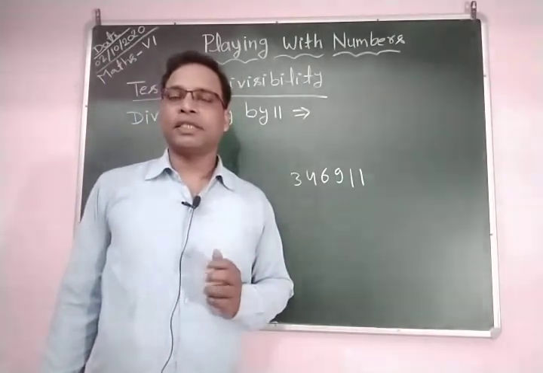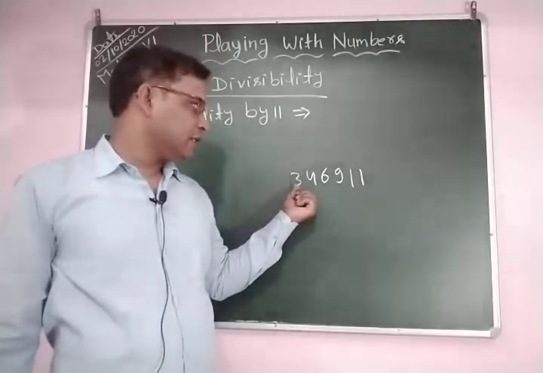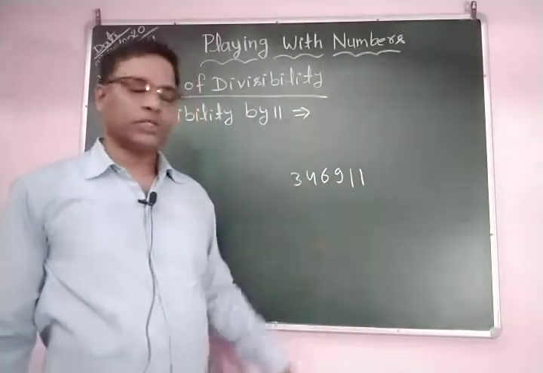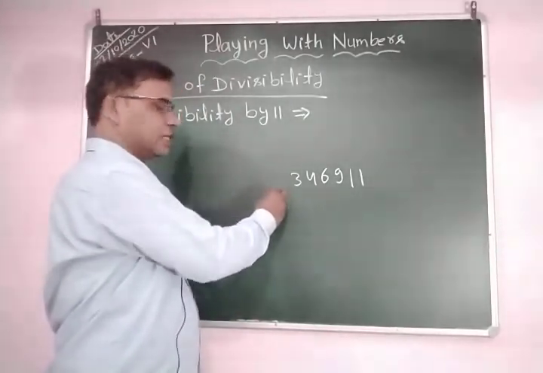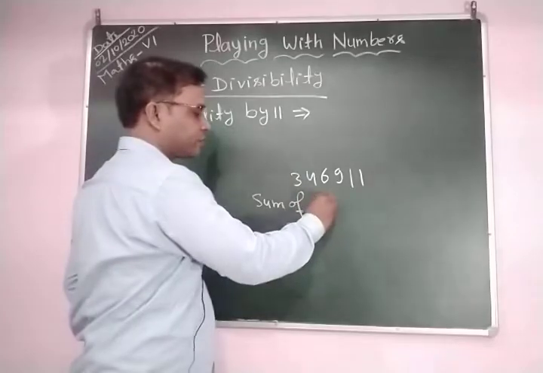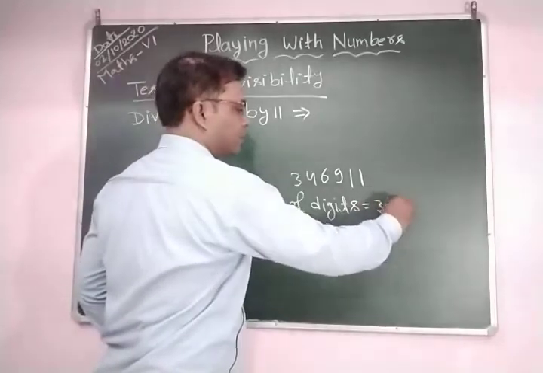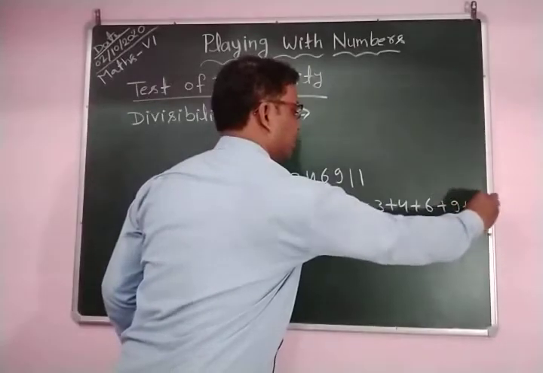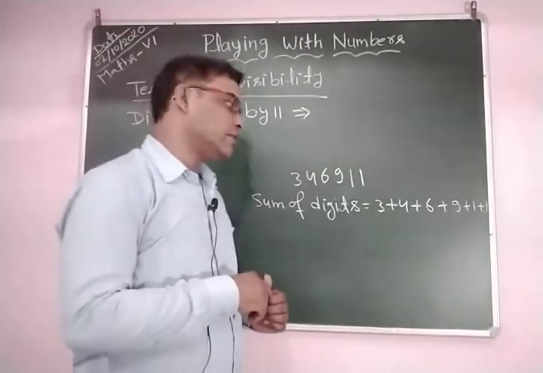First we find the sum of the digits of this number, which is 3 plus 4 plus 6 plus 9 plus 1 plus 1. If you add them, we obtain 24.